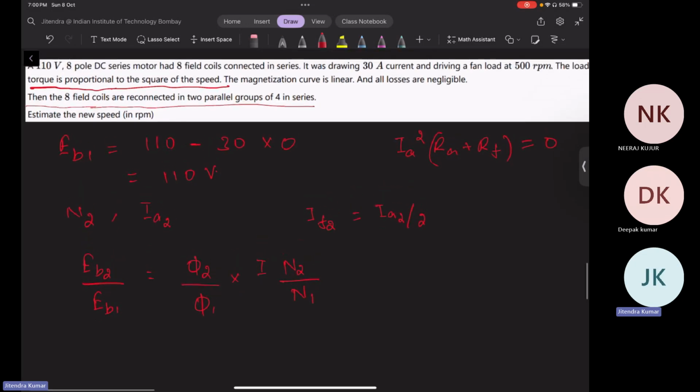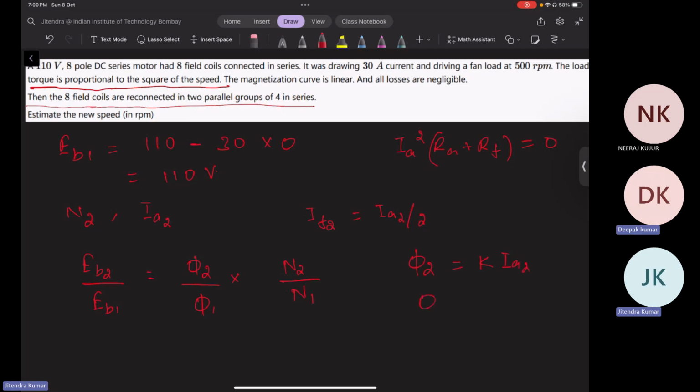Now, in such case, N2 we don't know, phi2 by phi1 we know, phi2 is equal to K IA2.